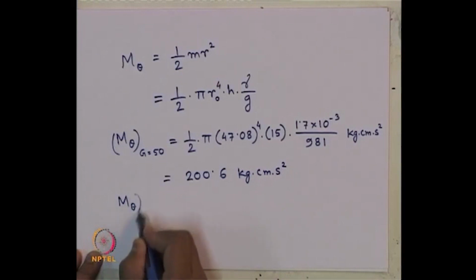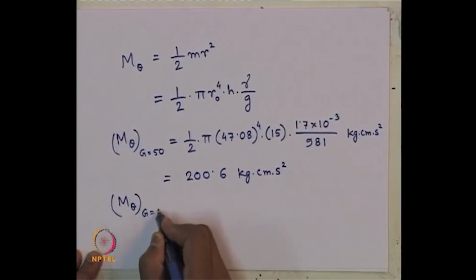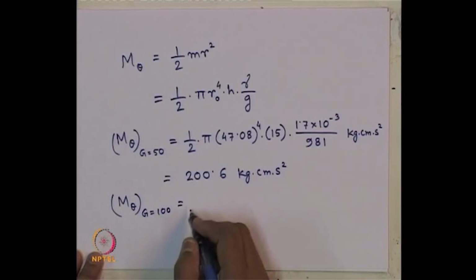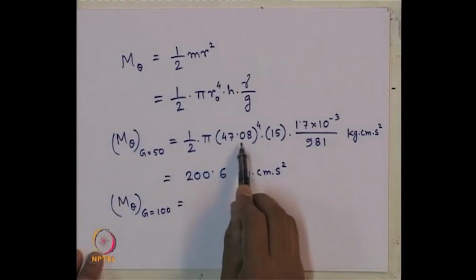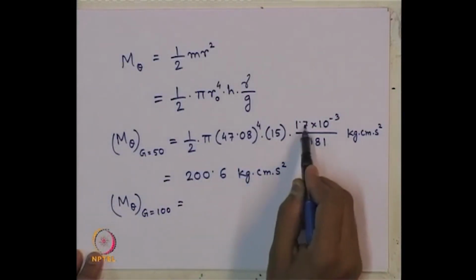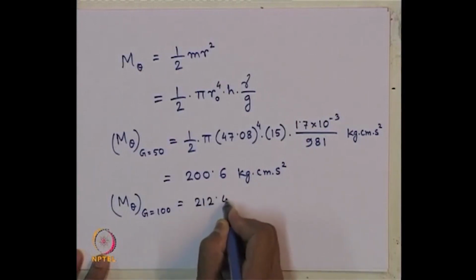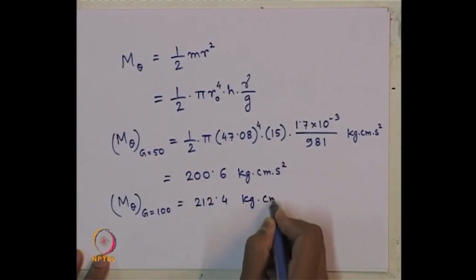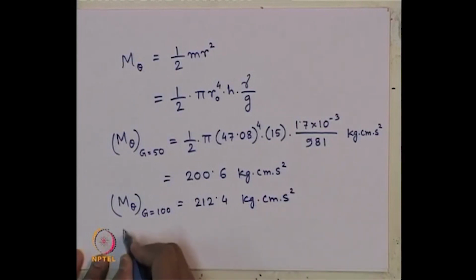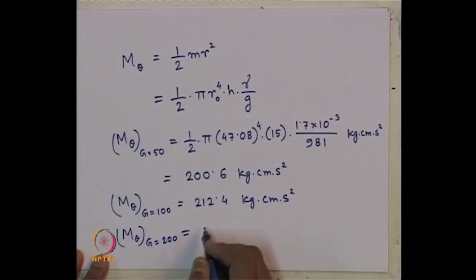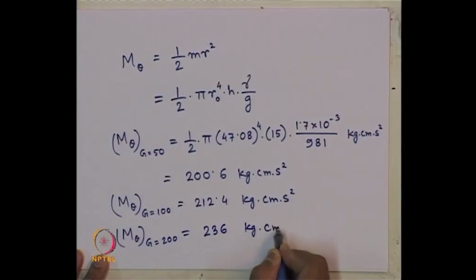In the same way, we can get m theta for the other 2 types of soil for G equals 100. These values remain all the same, except the change will be in the value of gamma. So, 212.4 kg centimeter second square, and m theta for G equals 200 will be 236 kg centimeter second square.